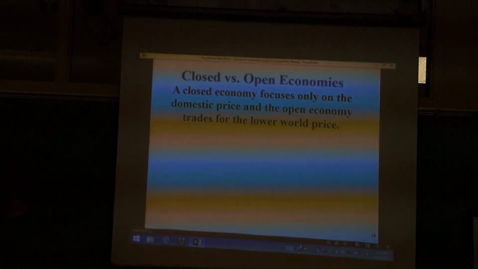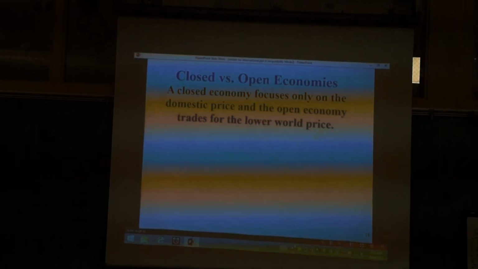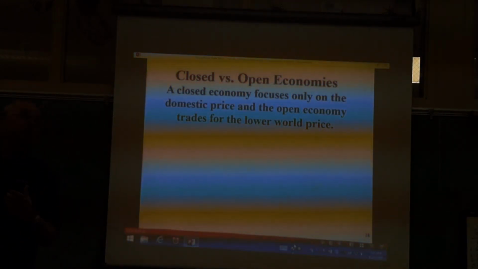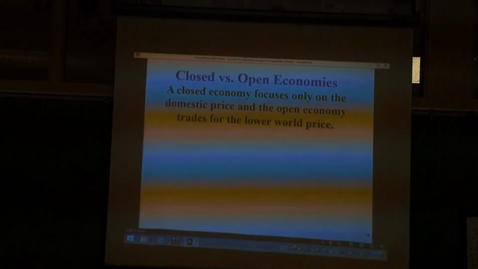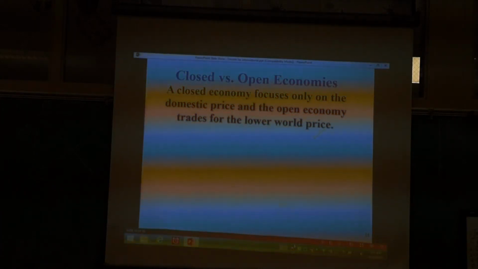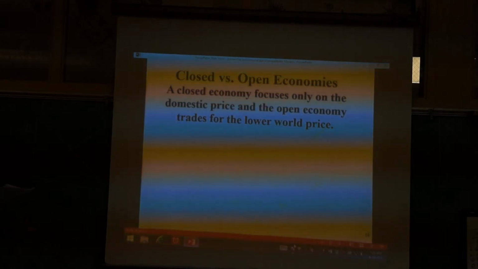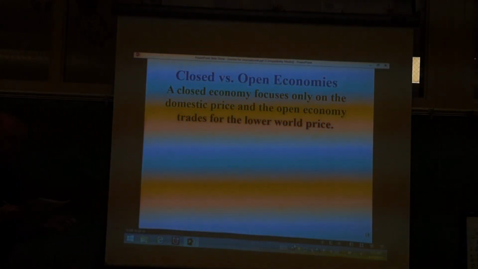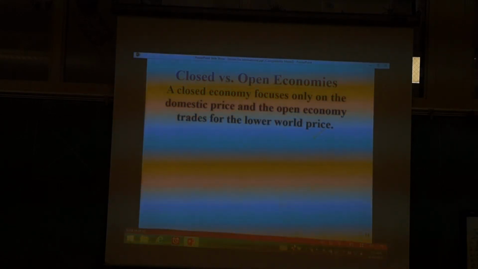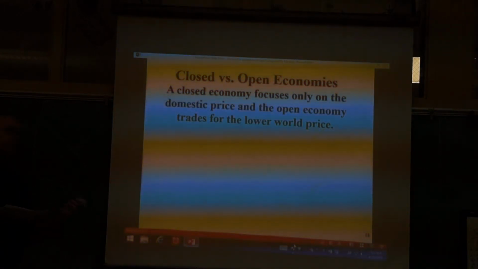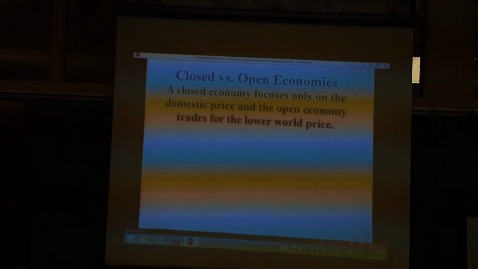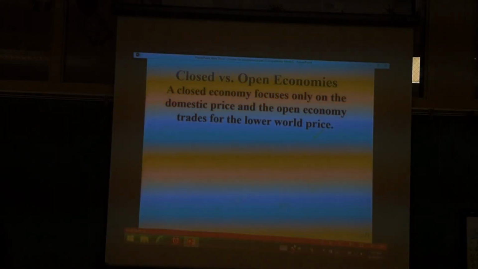A closed economy focuses only on the domestic price. So a closed economy does not have international trade. And the open economy trades for a lower world price. Okay? So the open economy, and we'll go over this when I show you the graphs of exports and imports again, has additional surplus.